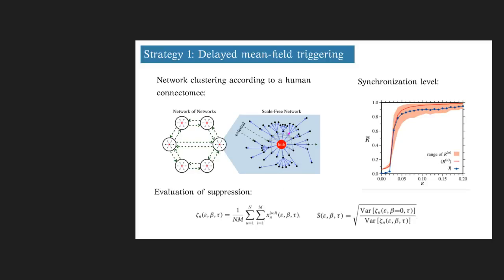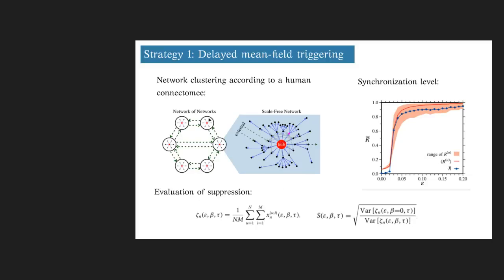In the first strategy, we consider the delayed mean field trigger. The network on which we operate this strategy is composed according to a human connectome. In the first picture, we have a schematic illustration of the network.